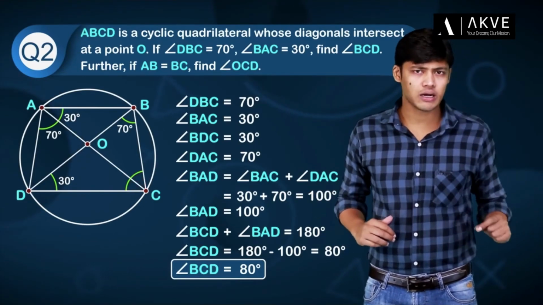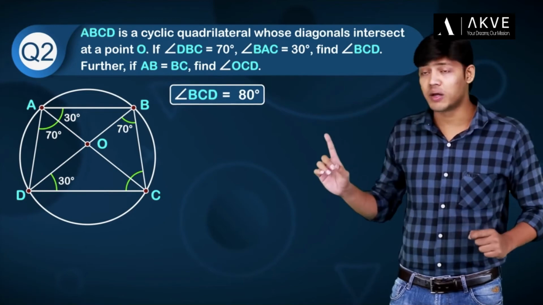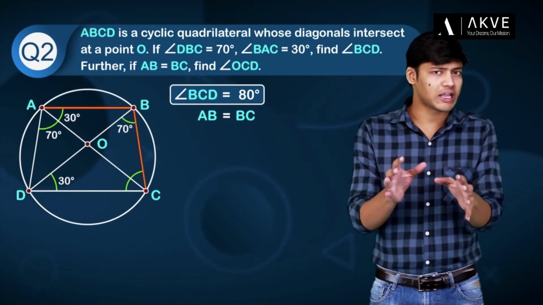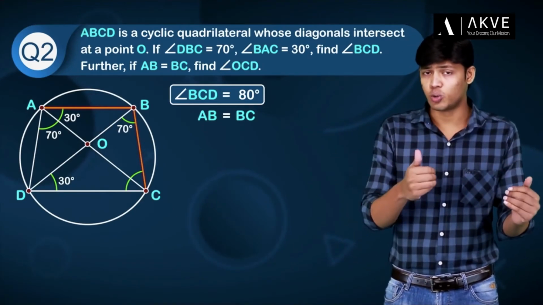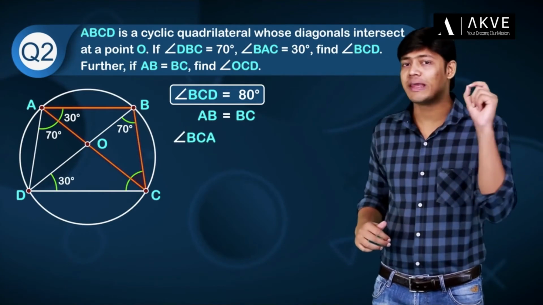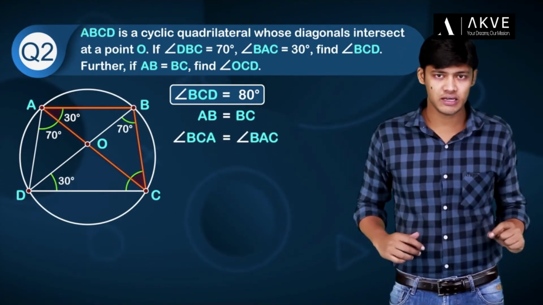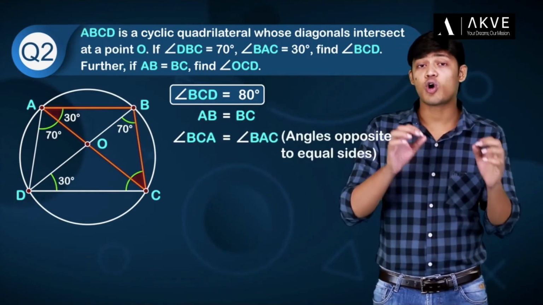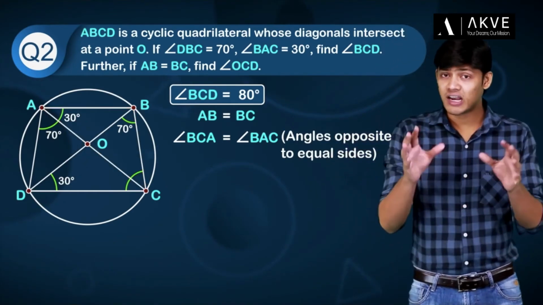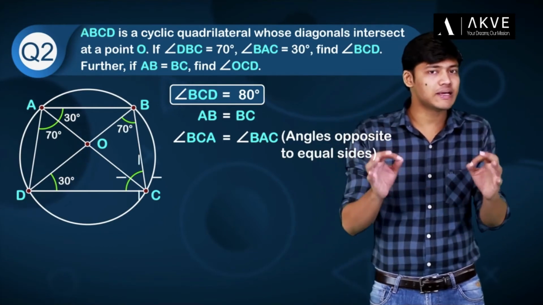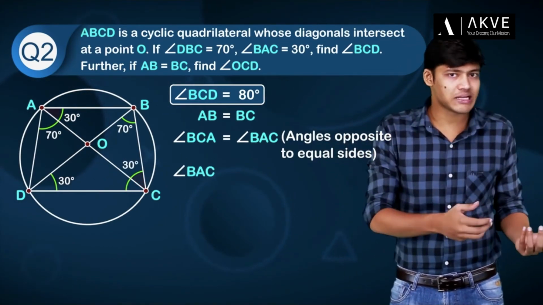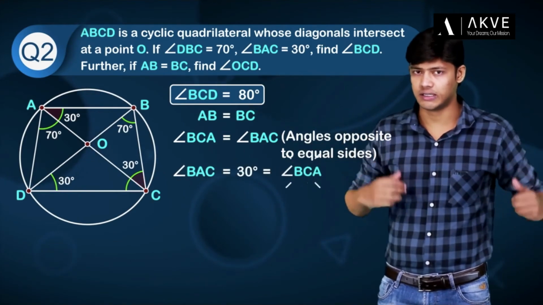For the next part, observe that in the problem it has been mentioned that the sides AB and BC are of equal length. So in the triangle BAC, the angle BCA will be equal to the angle BAC since the angles opposite to the equal sides are equal. Now given that the angle BAC is 30 degrees, the angle BCA will also be equal to 30 degrees.